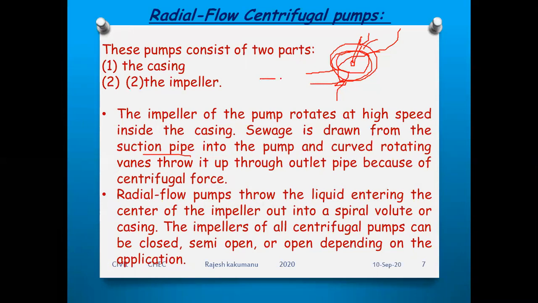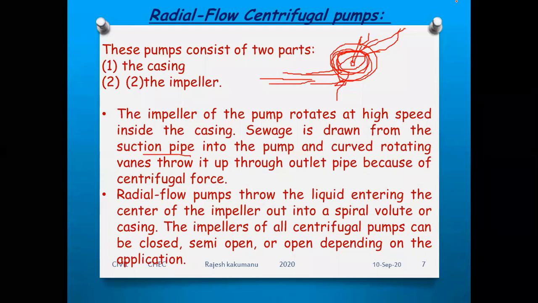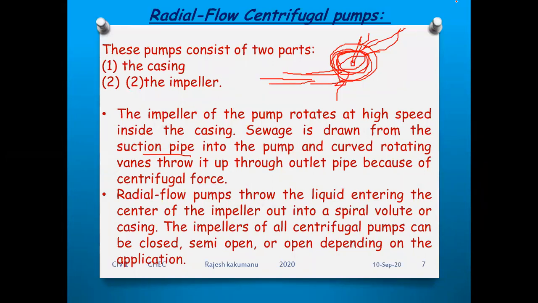The drainage, the sewage water or the well water is coming in this direction and going into the impeller and the vane. Because it is rotating, it makes a centrifugal action and spits the water out, right? It goes out with the centrifugal action through the exit pipe. This is nothing but centrifugal radially acting pumps.